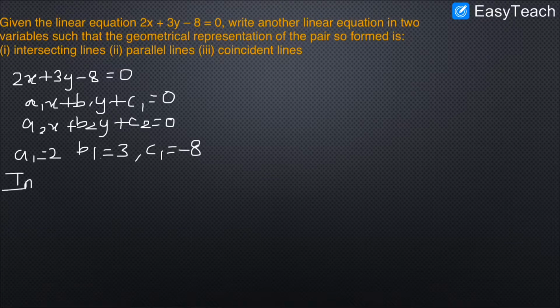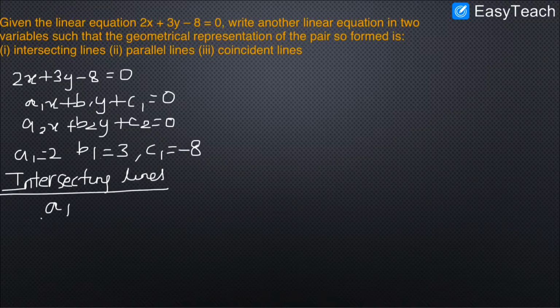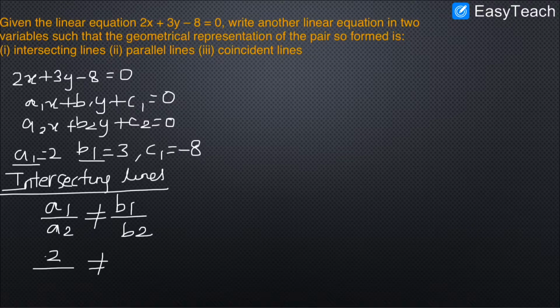For the intersecting lines, we all know that a1 by a2 is not equal to b1 by b2. Let me substitute the values of a1 and b1 from the given equation.